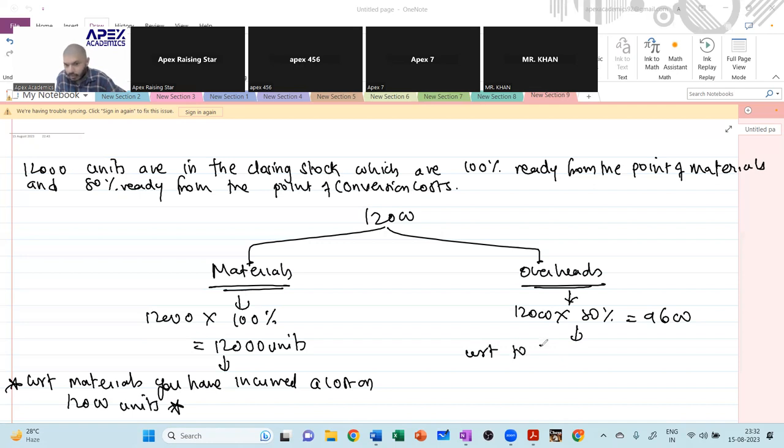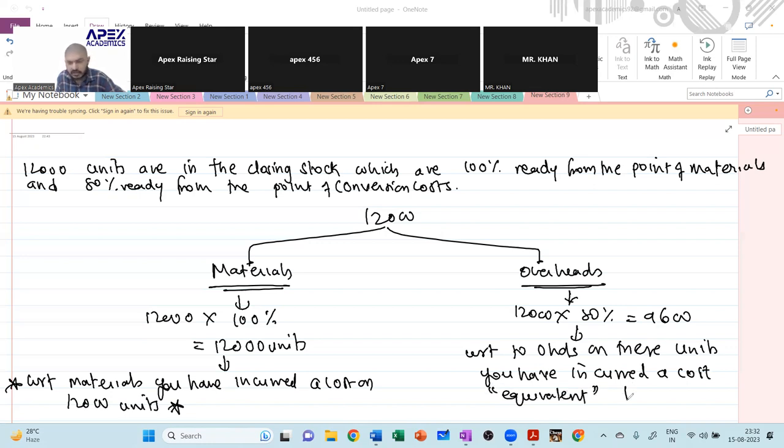So with respect to overheads, on these units, you have incurred a cost equivalent to 9,600 units. Are you understanding what I'm trying to say?